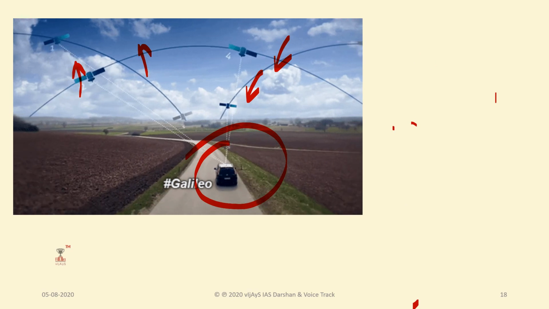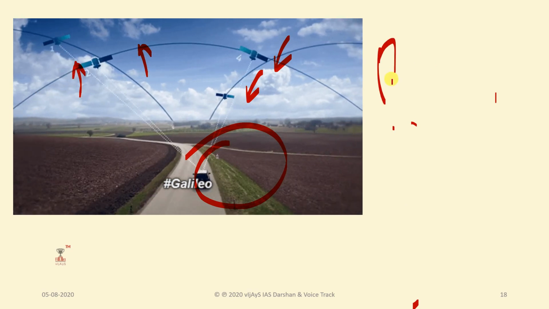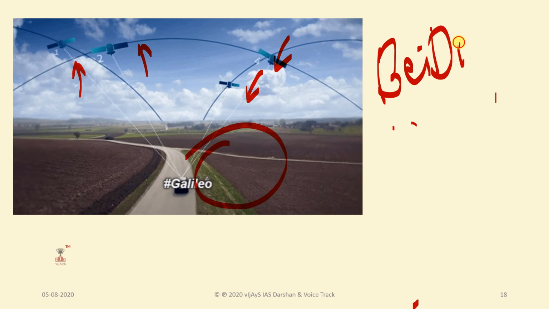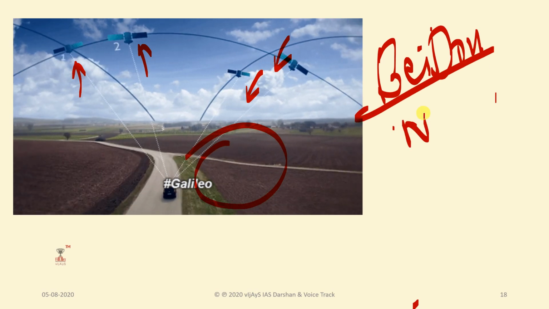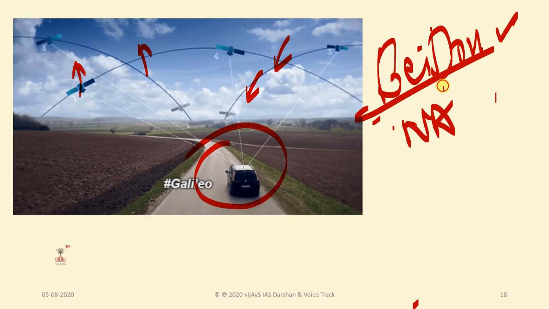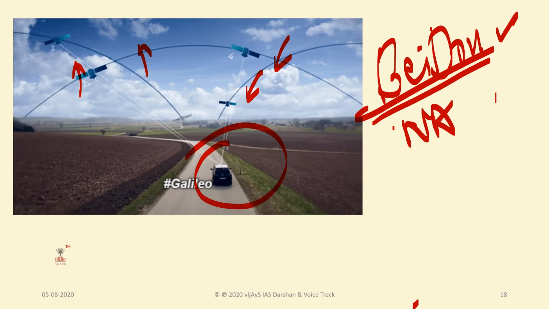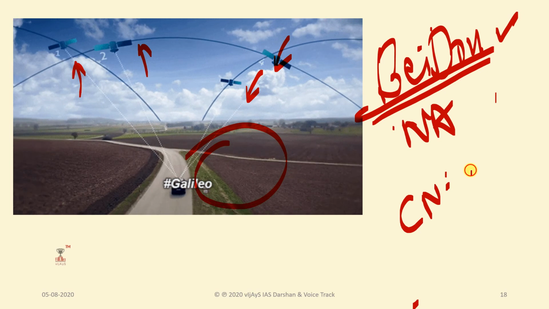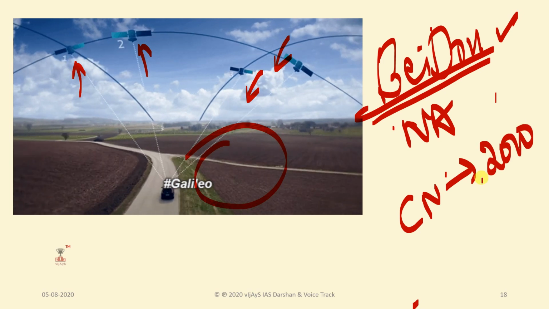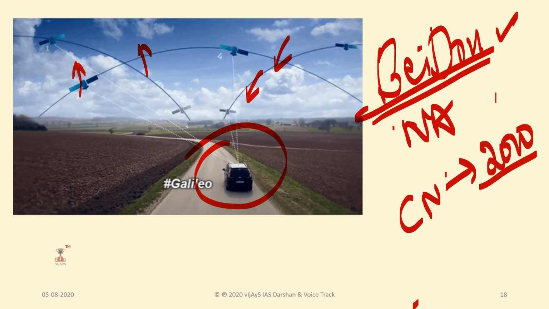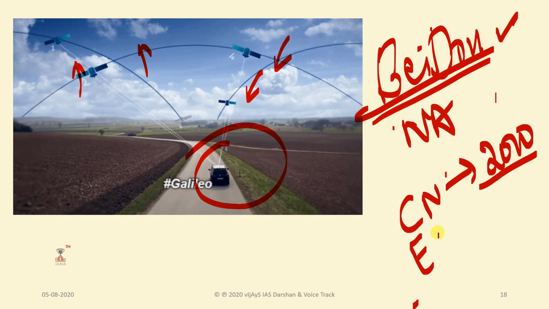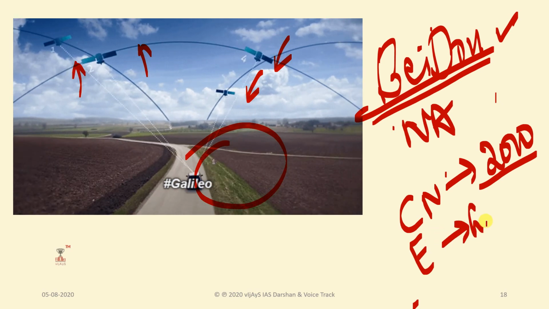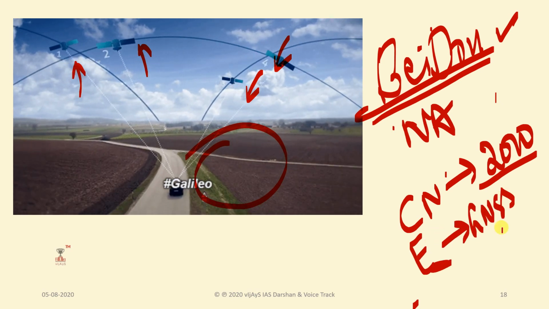It is a regional navigation system called the BeiDou navigation satellite system. The name itself has been formed from China. This will be like a compass navigation system, and it will be released this year or next year, 2020 or 2021. And the European one is also there, called Galileo.